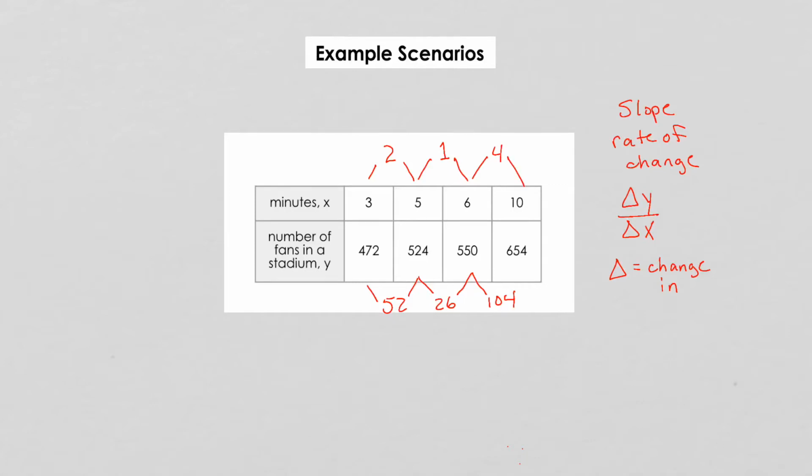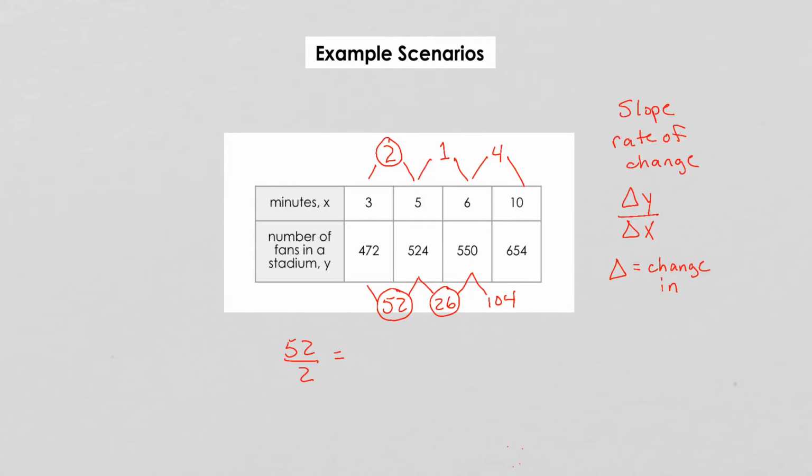So let's look at that and see if we can figure out what the slope is. We know that if we look at this first pair of change in y over change in x, we can write the slope as 52 over 2. Well, if you reduce that fraction, guess what you're going to get?